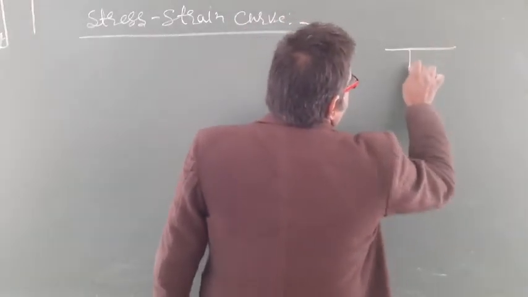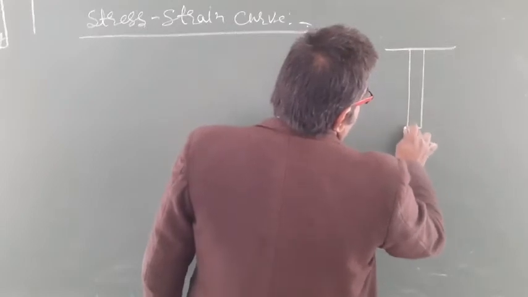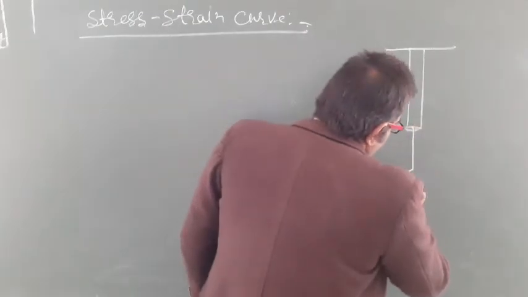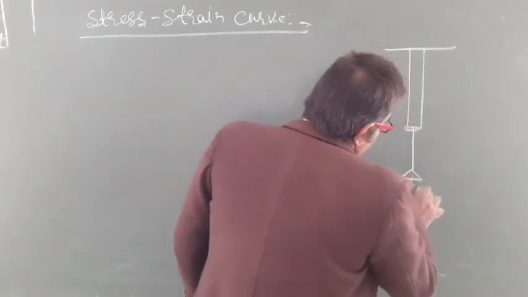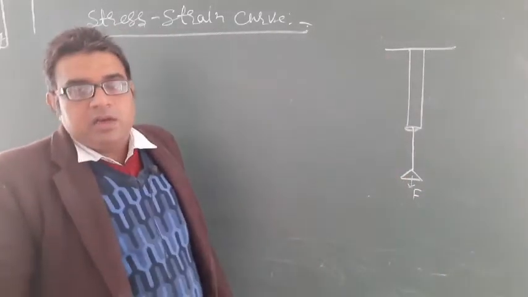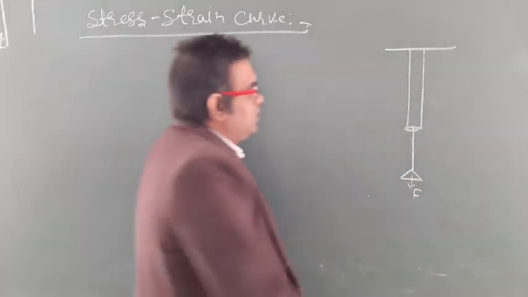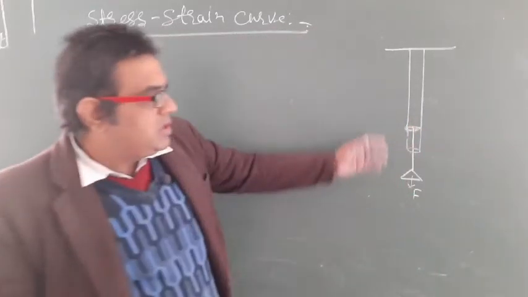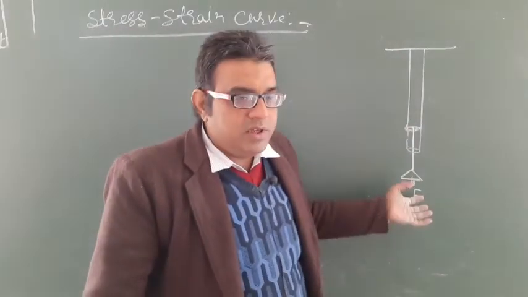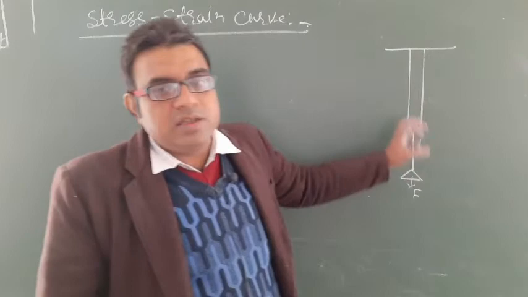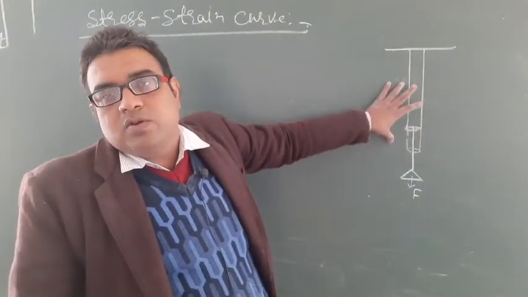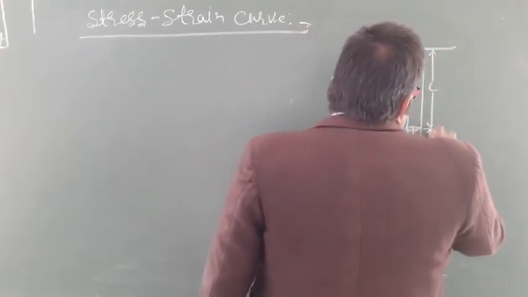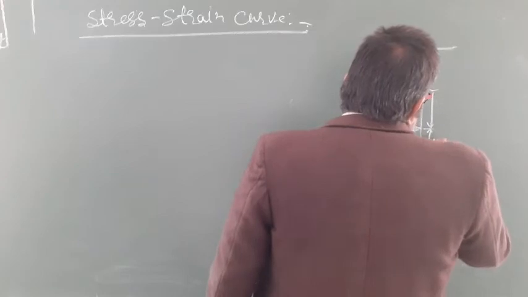Suppose we have taken a rigid body, and over this rigid body we apply a load, a force. Since this load is in the downward direction, due to this load the wire is going to be elongated. So if the original length is L, then it becomes delta L.